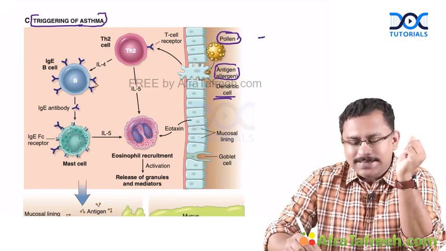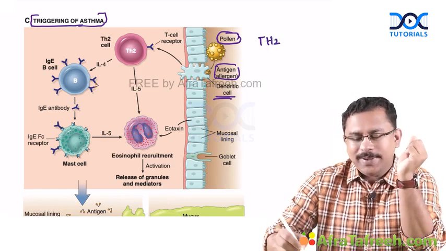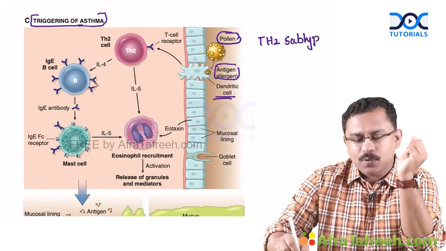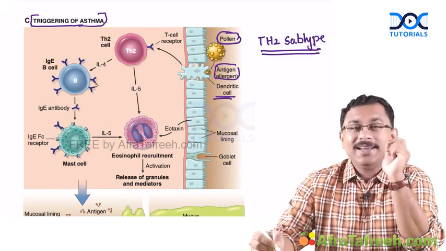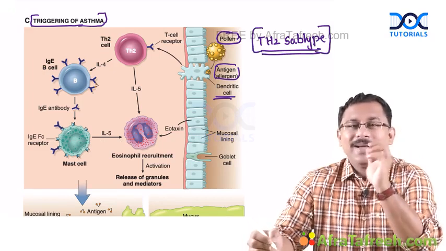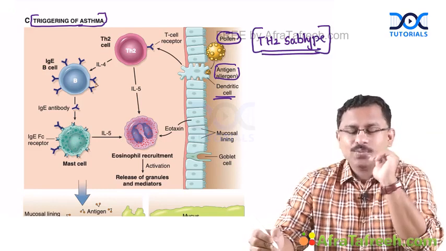Among the T cells in bronchial asthma pathogenesis, it is the Th2 subtype that is most important. That is, your T helper 2 subtype is most important in the pathogenesis of asthma, not the Th1.